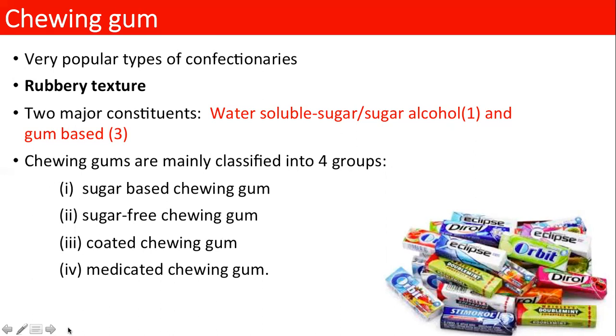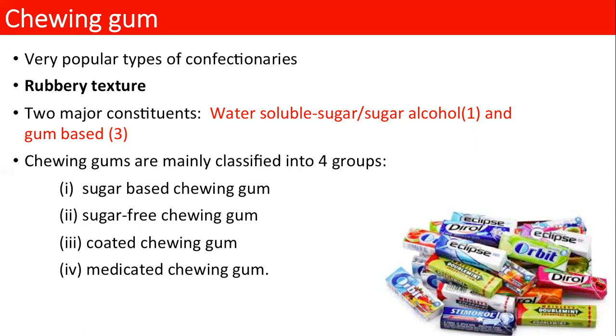There are four major categories when it comes to chewing gum: sugar-based chewing gum, sugar-free chewing gum, coated chewing gum, and medicated chewing gum. In sugar-based, sugar is there; in sugar-free, sugar alcohols are there. In coated chewing gum, you can see different flavors and things used to coat.